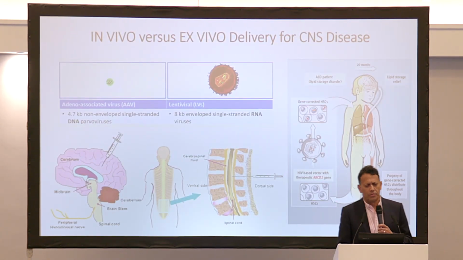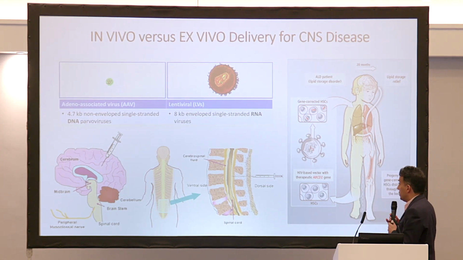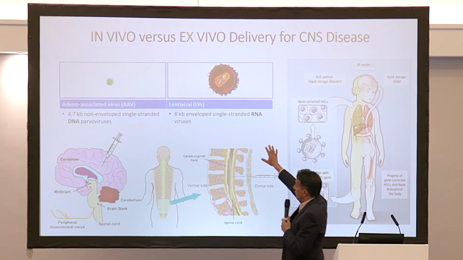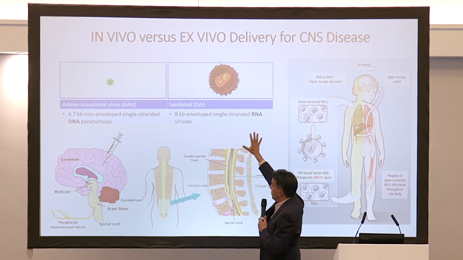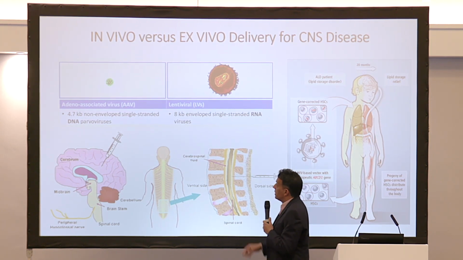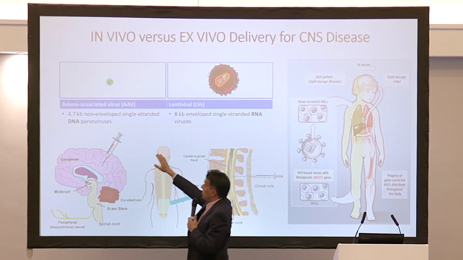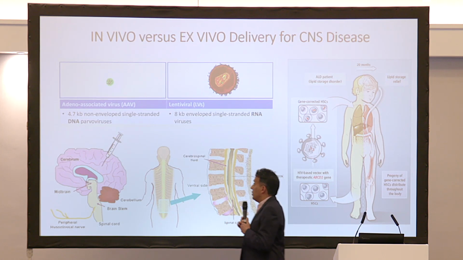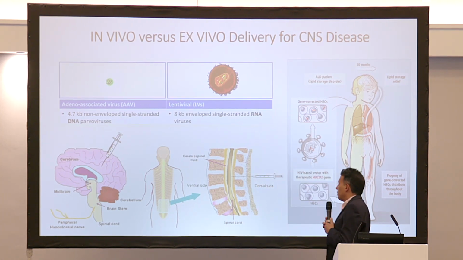So what kinds of different viruses do we use for gene therapy? Again, there's a class difference between the ex vivo cell-based approach that uses a lentiviral vector, which is a large RNA virus, as opposed to what we use for direct in vivo delivery, an AAV, which is a small DNA parvovirus.